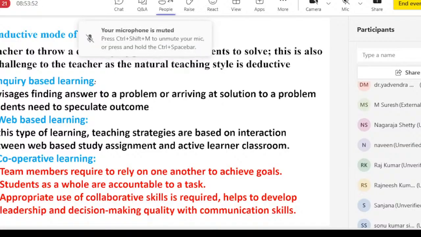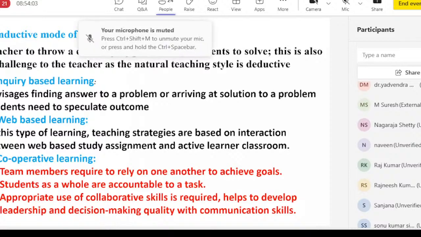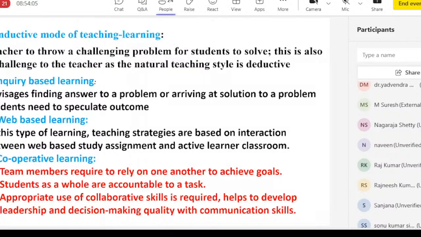Now, the inductive mode of teaching learning process. What does teaching? It is another way of pedagogy. Now I'm entering into that. The teacher will throw a challenging problem to the students. And this is also a challenge to the teacher as a natural teaching style is didactic. So it is now going for the inductive kind of mode.